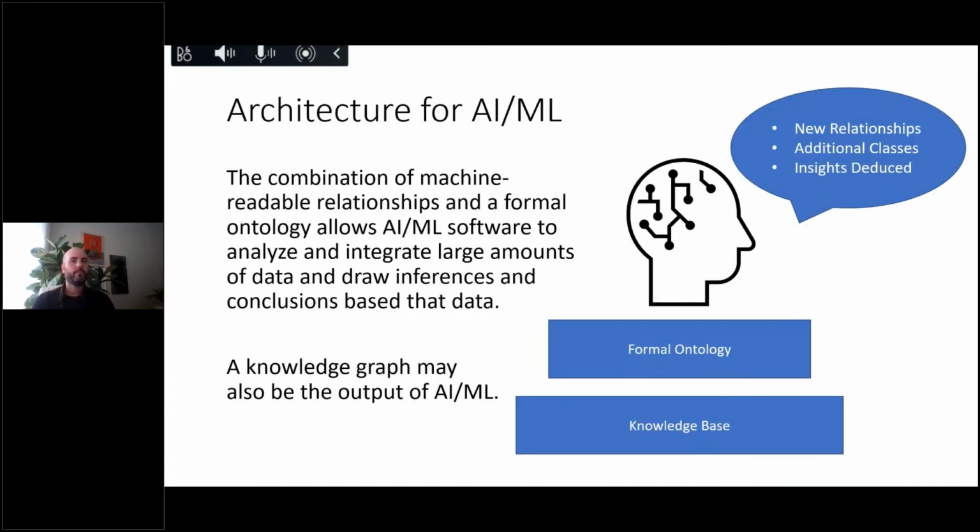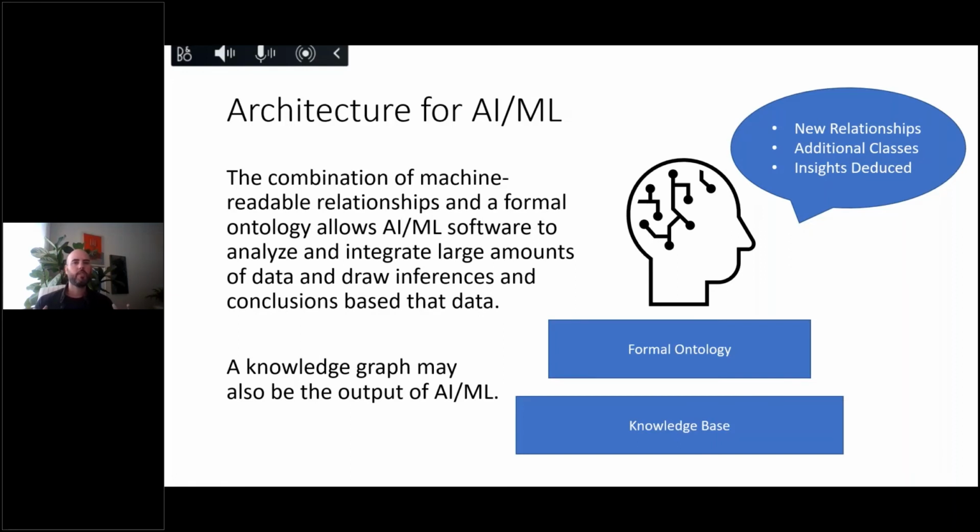The second major use of knowledge graphs is architecture for AI or machine learning. What happens is you have this base of knowledge mapped into a semantic web. You have this formalized ontology, which formalizes the relationship types and all the different metadata, node types, etc. we just discussed.